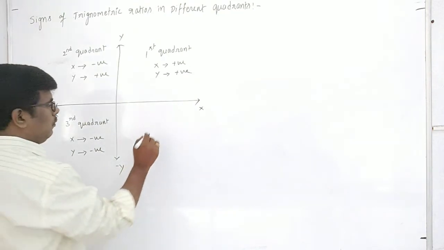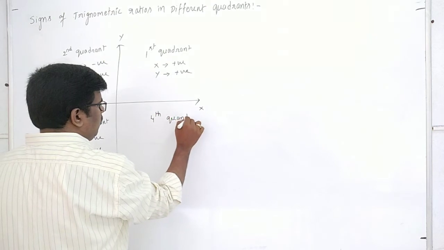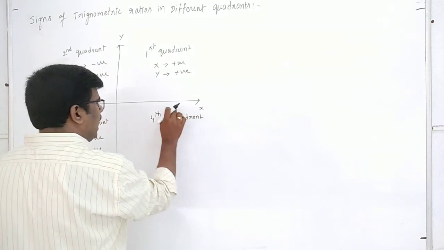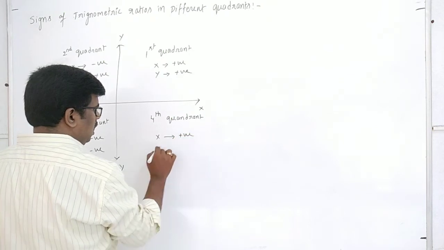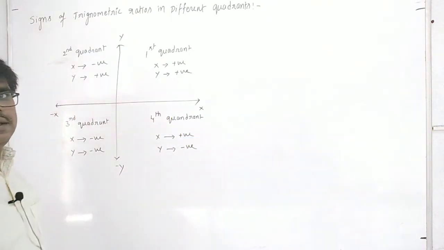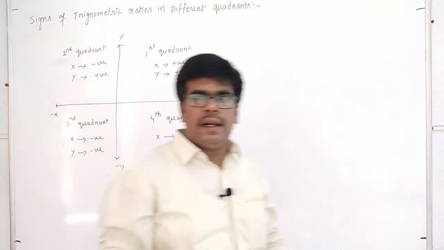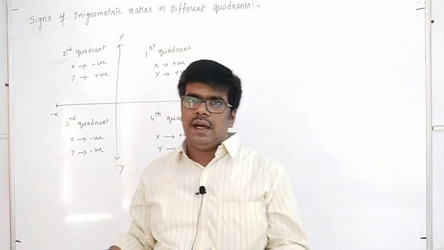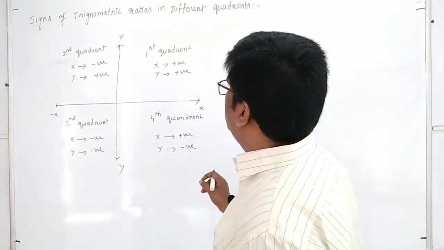And this is the fourth quadrant. In the fourth quadrant, x is positive and y is negative. Based on this, we can understand whether the trigonometric ratios in these quadrants are positive or negative, and we can check it now.